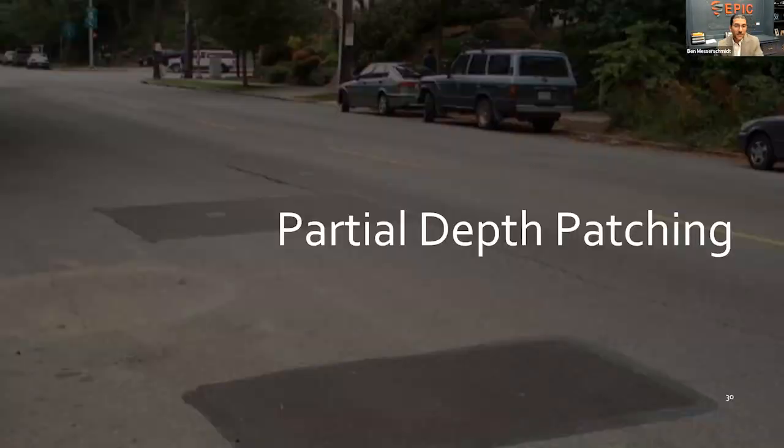So partial depth patching. So partial depth, you just see these little shallow patches in these two images within the roadway area. This can be pretty common if you're just going to be cutting out certain areas. This can be utilized for some shallow raveling or some weathering conditions.